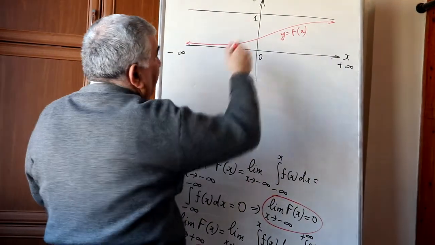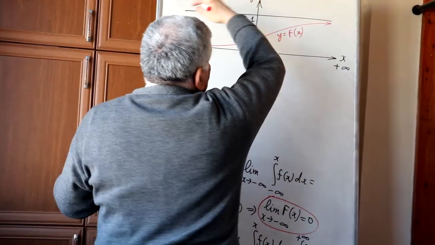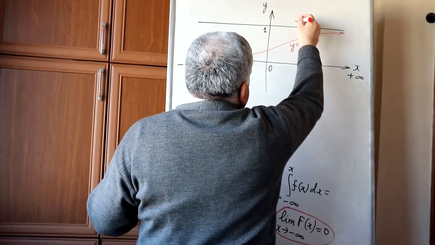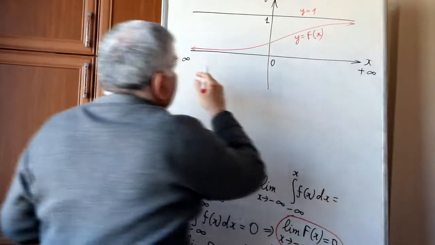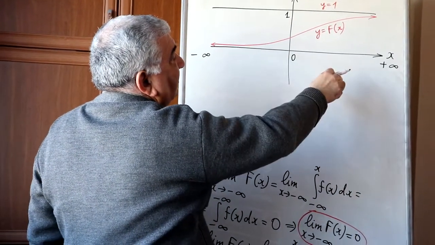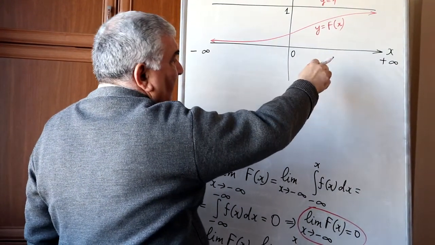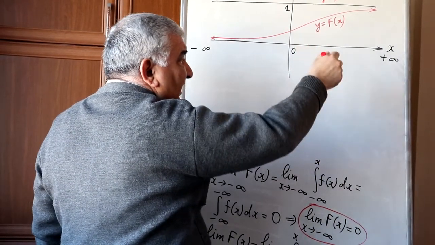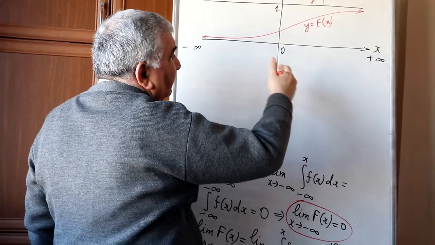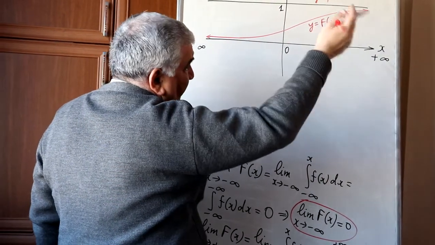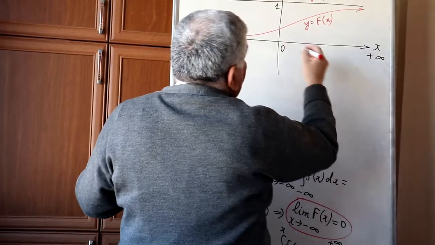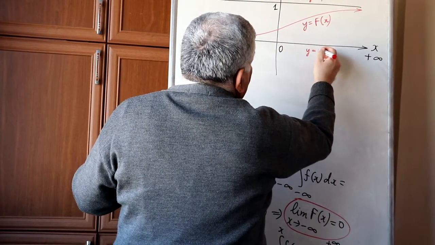And the upper straight line is the horizontal asymptote whose equation is y equals 1, and the lower straight line is the x-axis, and it is also the other horizontal asymptote whose equation is y equals 0.